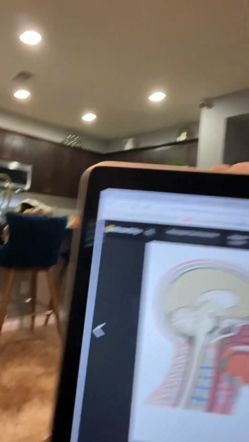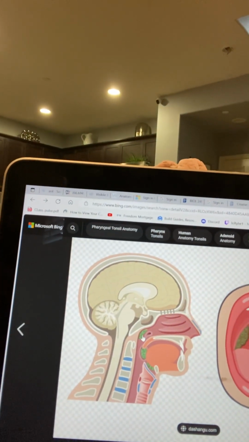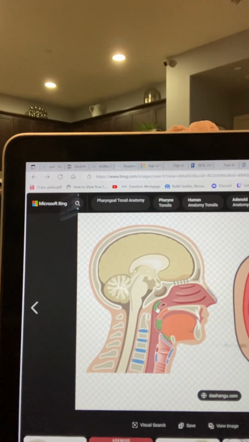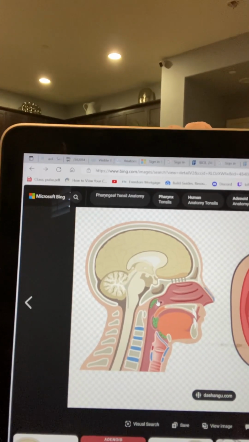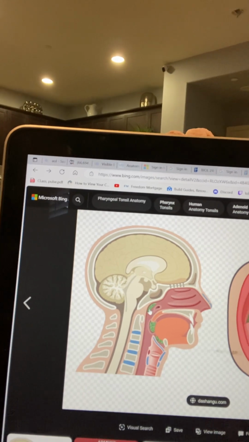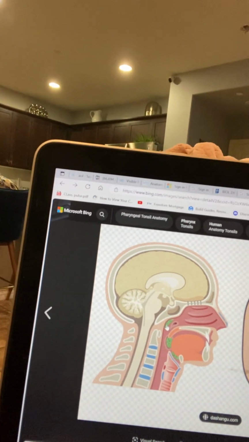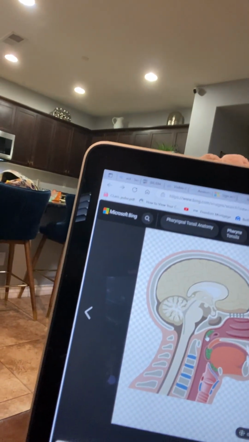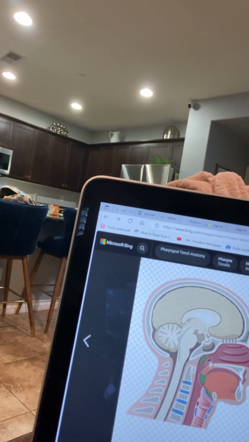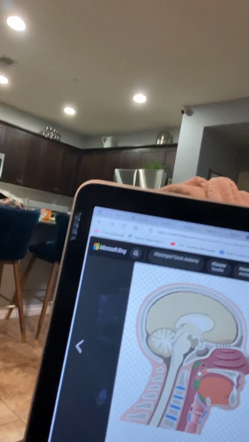So here are the pharyngeal tonsils. This is the nasopharynx, and that's where they sit.